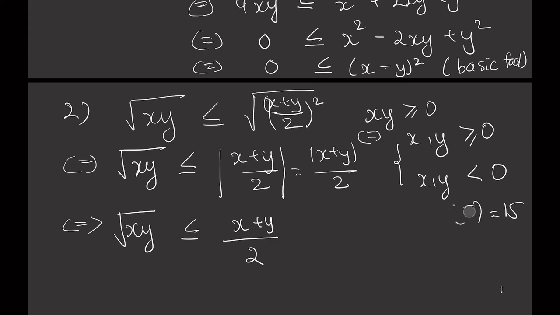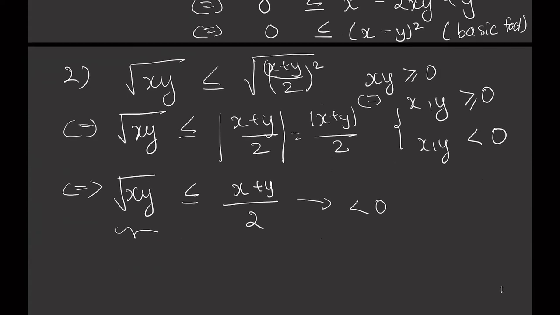Correct, because when x and y are both negative, then x plus y would be negative. And the left-hand side, the square root of a number, is always greater than or equal to 0. But this one is negative. So the inequality doesn't hold true when x, y are both negative.